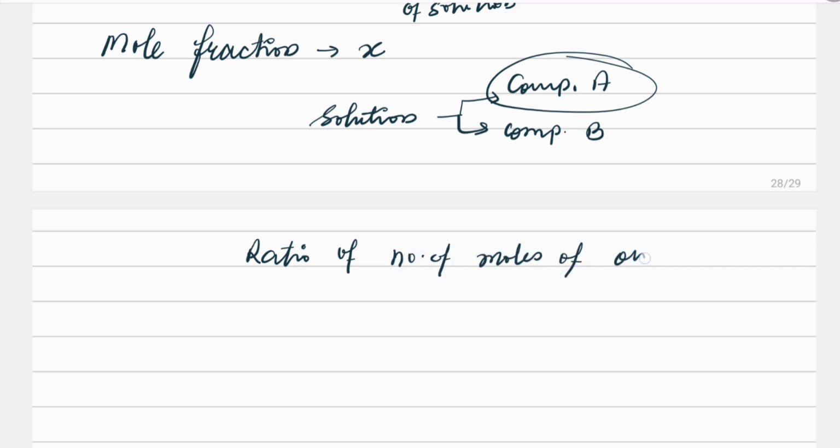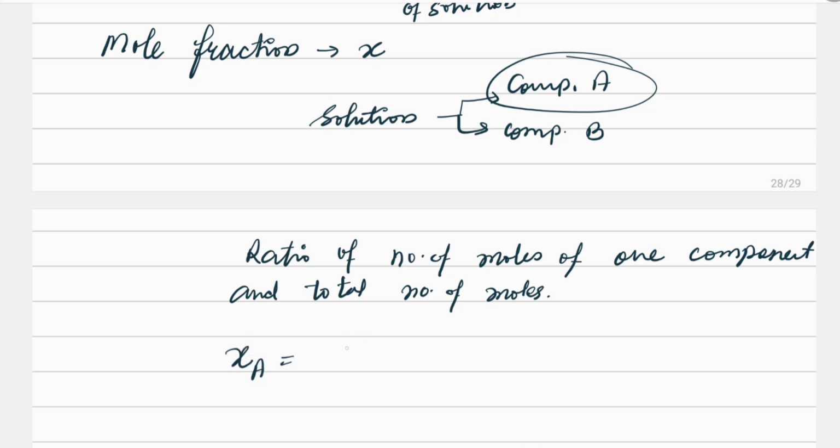and total number of moles. Okay, when we are talking about total number of moles, we are talking about the number of moles of a solution. Suppose we have to calculate the mole fraction of component A. XA is equal to number of moles of A divided by total number of moles.